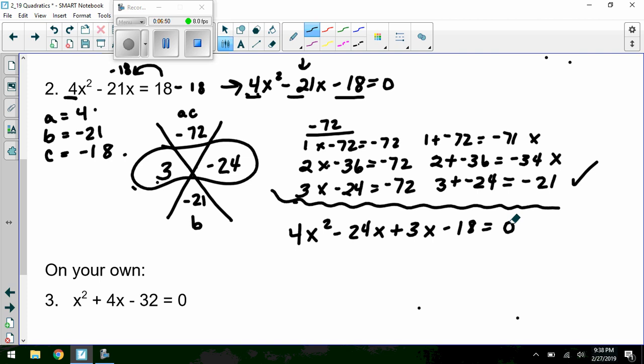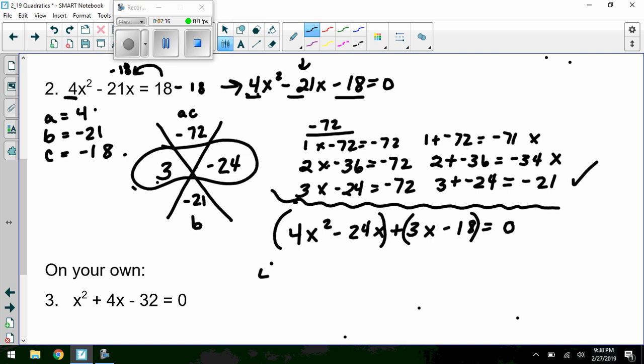I did that because now I'm looking at grouping them. I'm going to group those two together and these two together, because I'm going to look at what I can pull out. So here I'm pulling out my GCF. What can I pull out that is common between 4x squared and 24x?